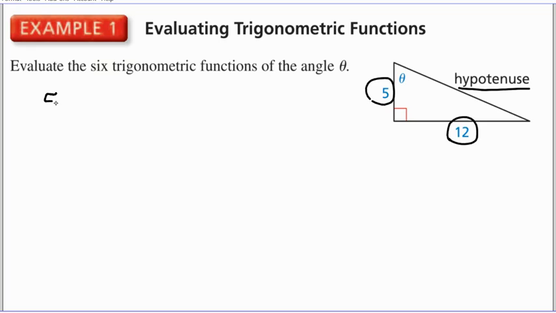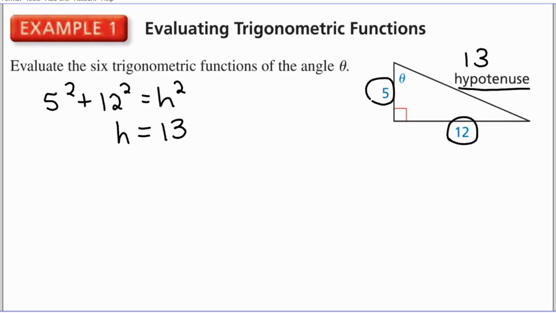So we're going to do 5 squared plus 12 squared equals the hypotenuse squared. When we square 5, square 12, add those together and square root, we find out that the hypotenuse has a length of 13. So this is 13. Now what I want to do is evaluate the 6 trig functions of this angle theta right here.